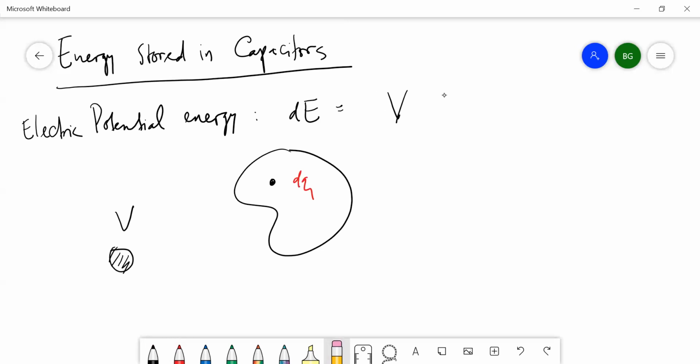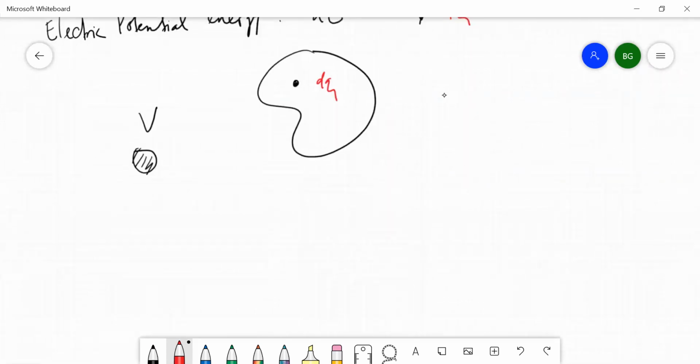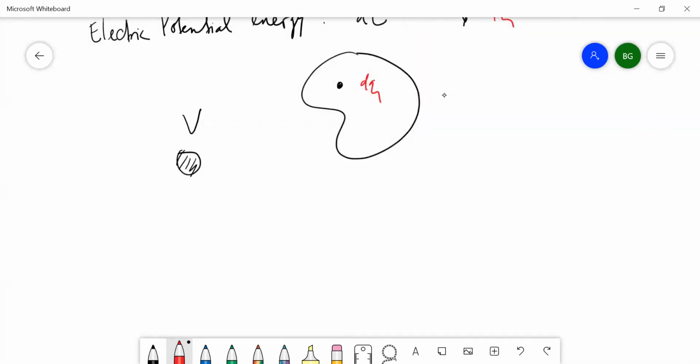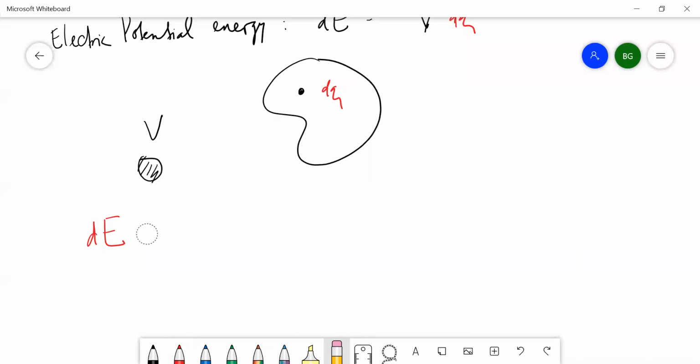So the energy stored in the capacitor, dE, is V dQ, and usually this should be an integral of dQ.